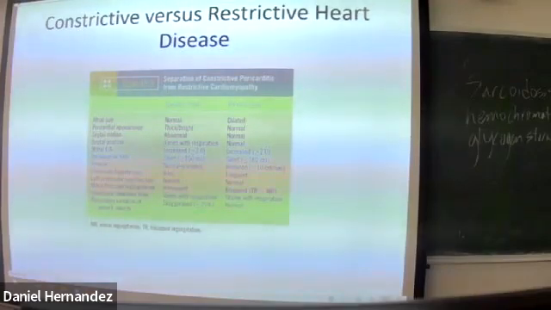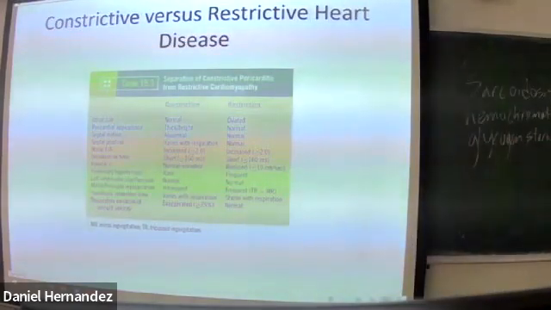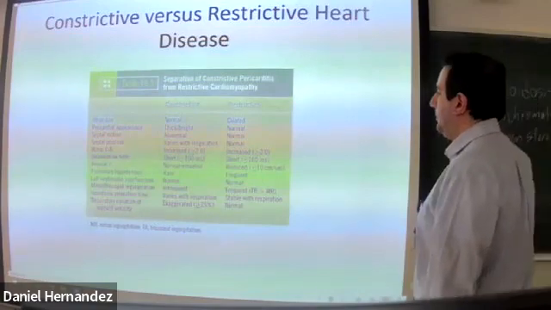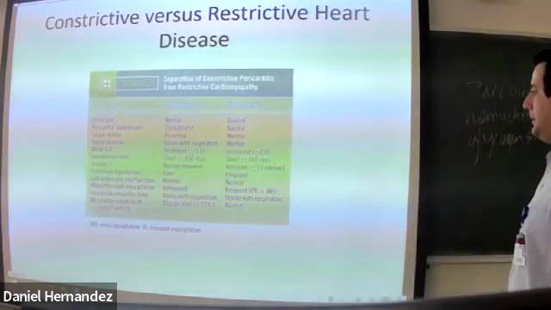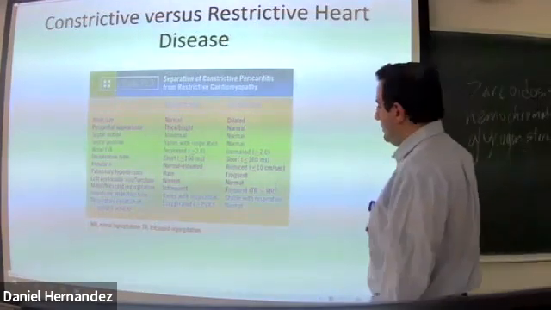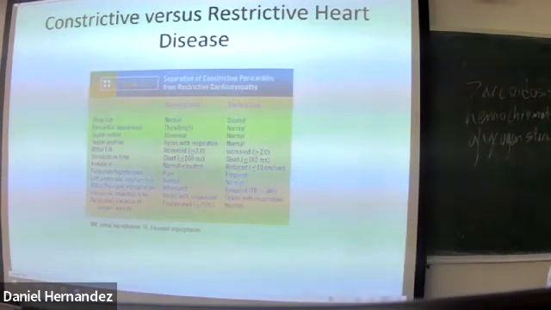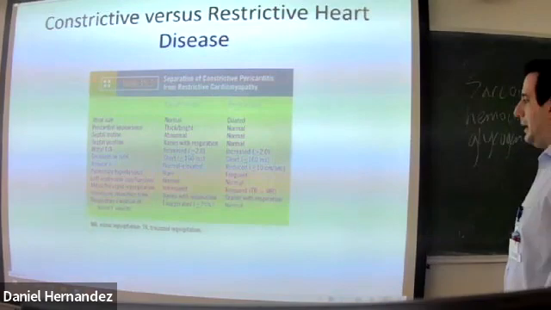We can see some changes too when we're talking about our mitral inflow. We have respiratory variations that we can see with our inflow velocities. So that's one of the main criteria that we look for when we're concerned about a patient having constrictive pericarditis versus restrictive cardiomyopathy.